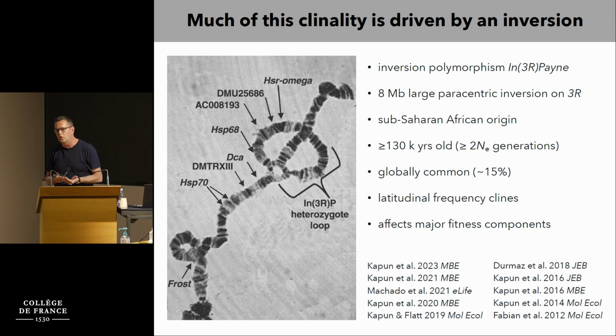If we look at the global average, it has an average frequency of something like 15%, which is not huge, but it's quite considerable, because in many places this inversion does not exist. It's absent in terms of polymorphism. On each continent, as I'm going to show you on the next slide, we see latitudinal frequency clines that are very pronounced.